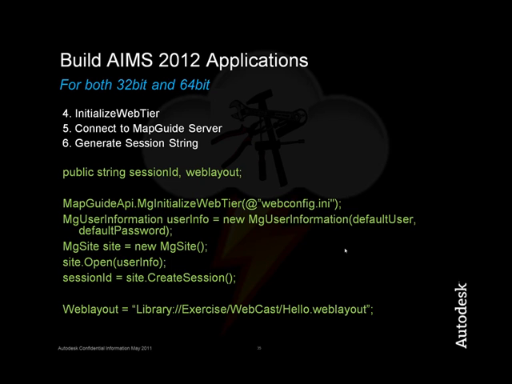And the next steps are exactly the same for both 32-bit and 64-bit. We need to initialize the web tier using the path of the webconfig.ini and connect to the MapGuide server using a MapGuide user information object, and then create an MgSite object, open the MgSite object using our user information object, and create a session string from the site object.